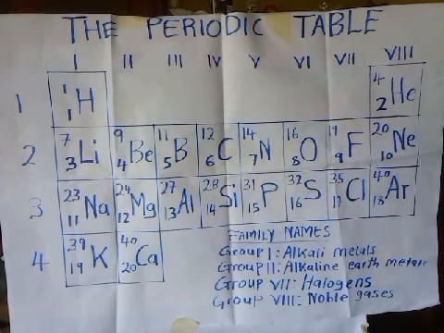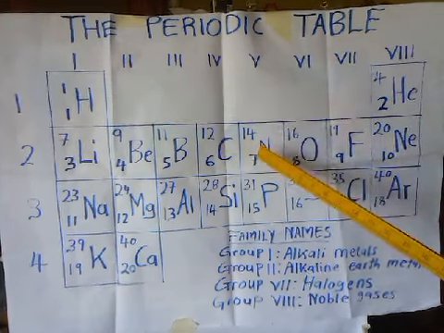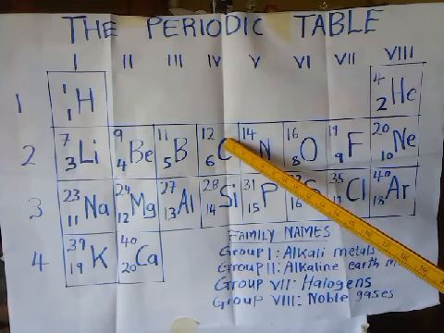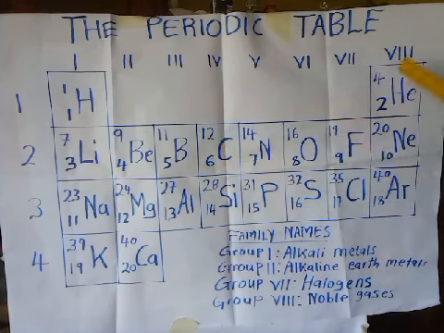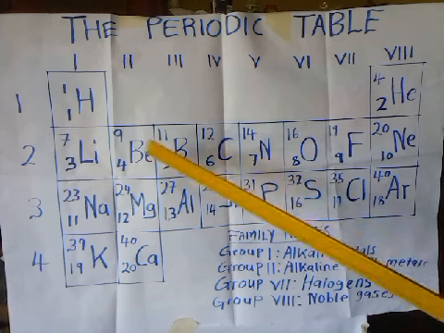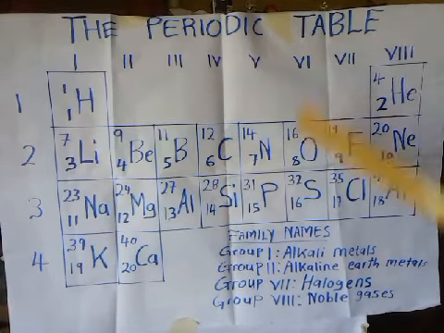These are called non-metals. So we have hydrogen here and the carbon here, and all groups 5, 6, 7 up to 8. These are called non-metals. So remember, we have metals here, semi-metals, then non-metals. That is the general distribution of elements in the periodic table.